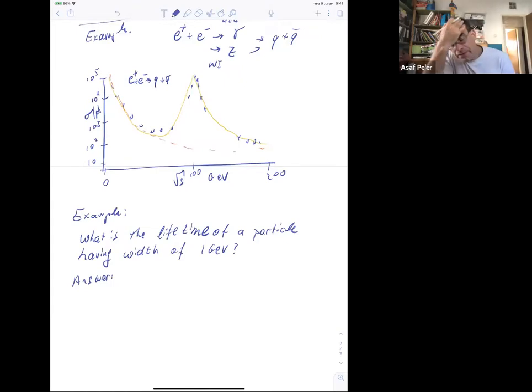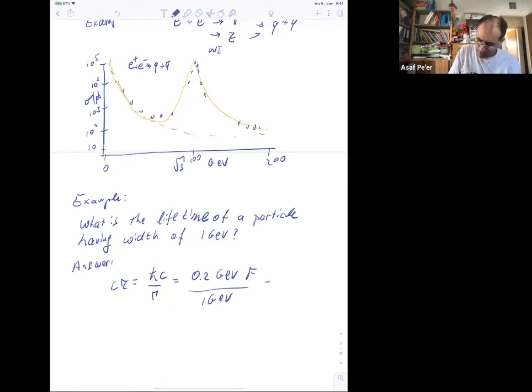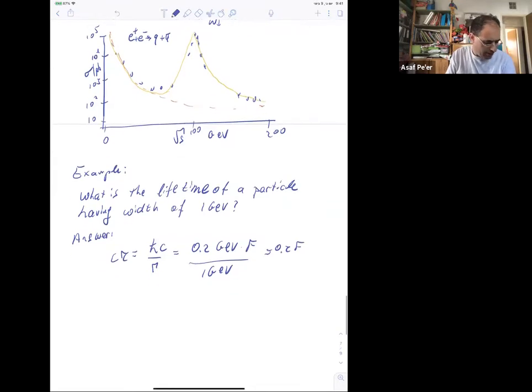If we express it in units of length, it would be c tau, which should be h bar c over gamma. Now h bar c, we said, is 0.2 GeV times Fermi. It's a useful quantity to remember. Divided by 1 GeV, that is 0.2 Fermi. That's in units of length.